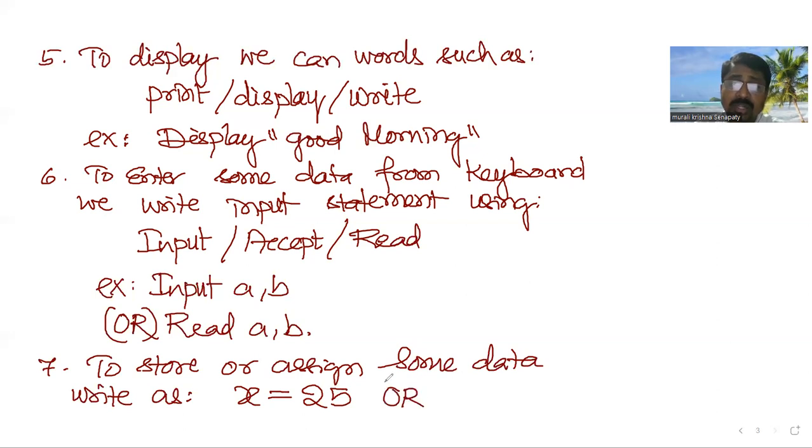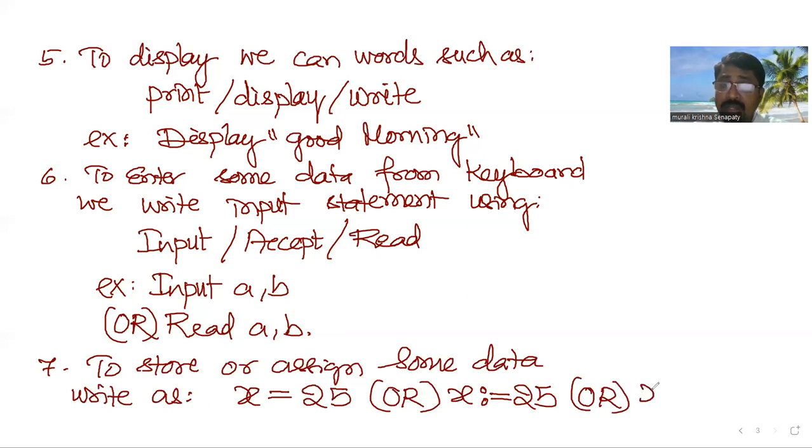This can be written as x colon equal to 25. Here colon equal to is the symbol for assigning the data. Or the same thing can be written as x, a reverse arrow, which is also called assignment, 25. It means you are assigning this 25 to the x memory. So all these three are the same expressions, representing assigning the data to the variable.